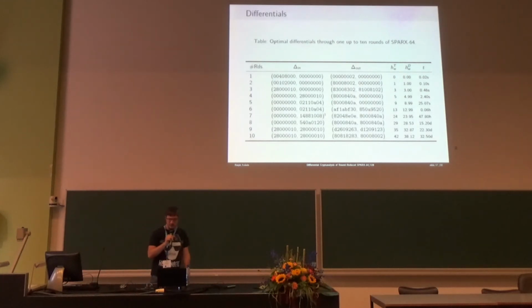One of the problems here is that SAT solvers are hard to parallelize, and there's not a lot of work on parallelizing SAT solvers, so that might be the reason. We also tried to implement it in MILP-based solvers, and we still have the problem that it's quite hard to find them.